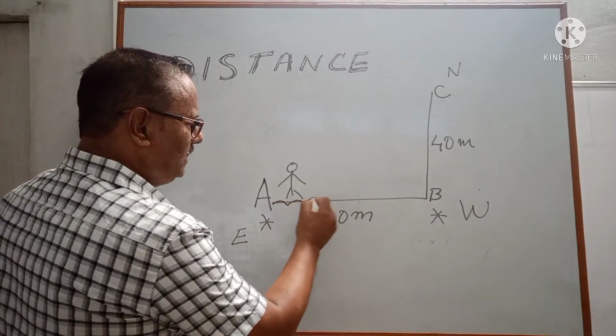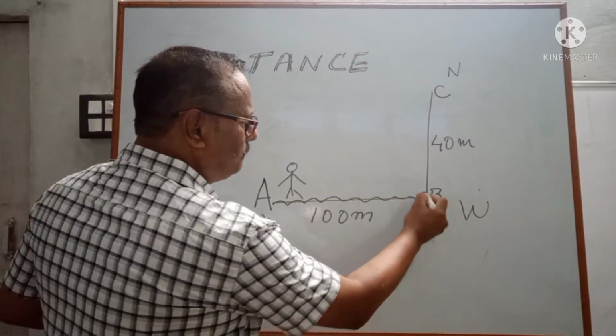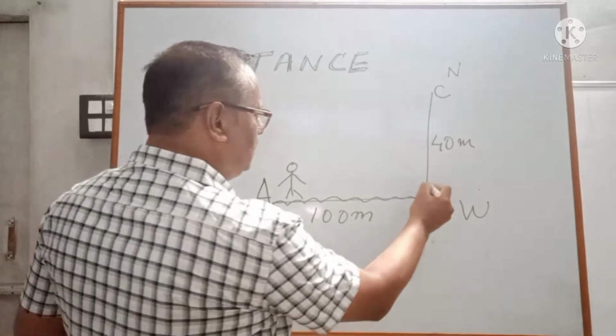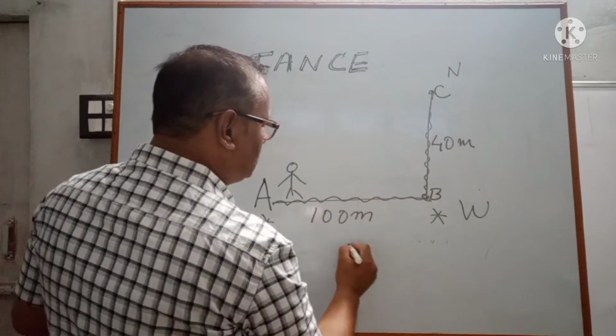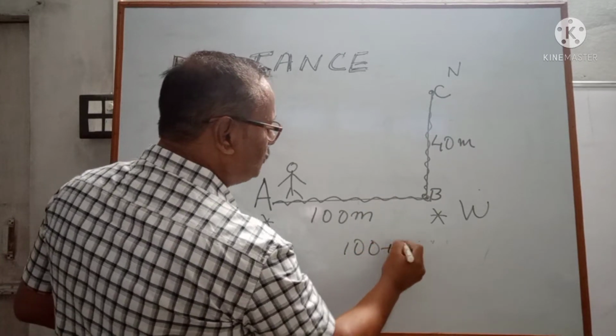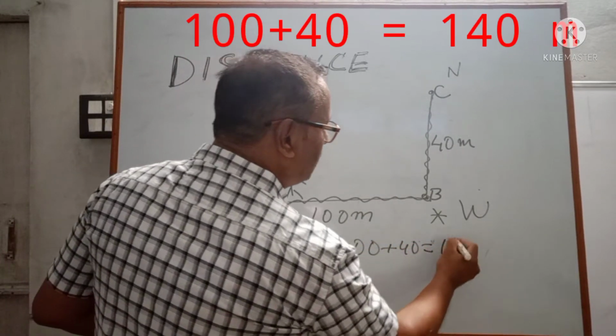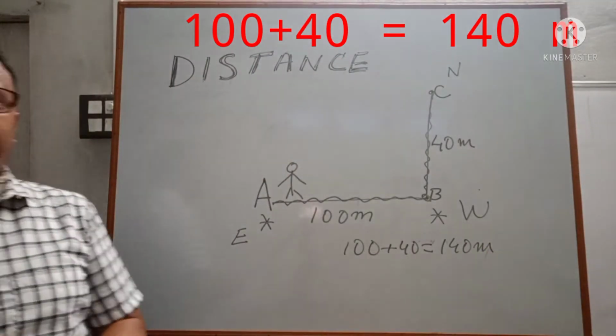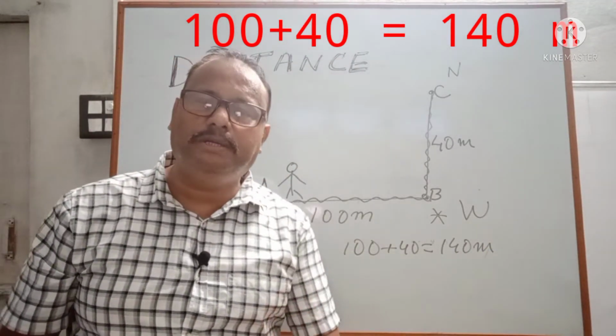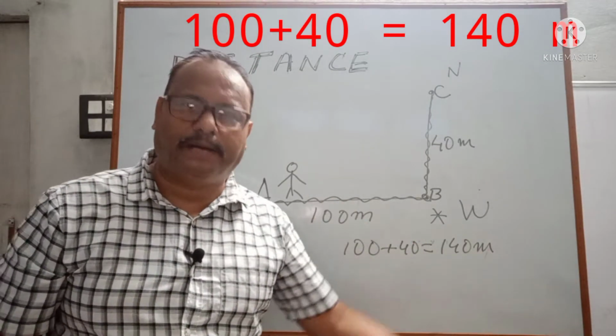The person moved 100 meters, he reached the point B. From the point B, he again traveled to the point C. So 100 plus 40 will equal 140 meters. That is, the person has traveled a distance of 140 meters, literally taking the path.